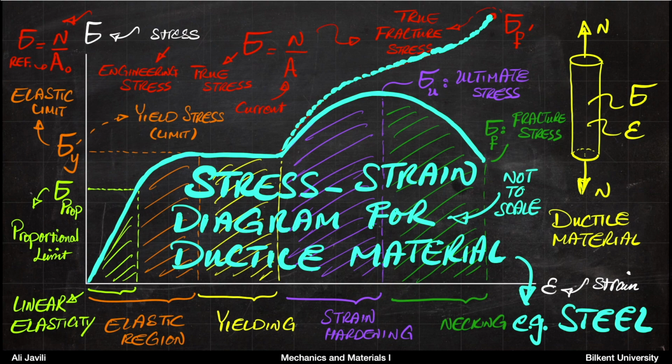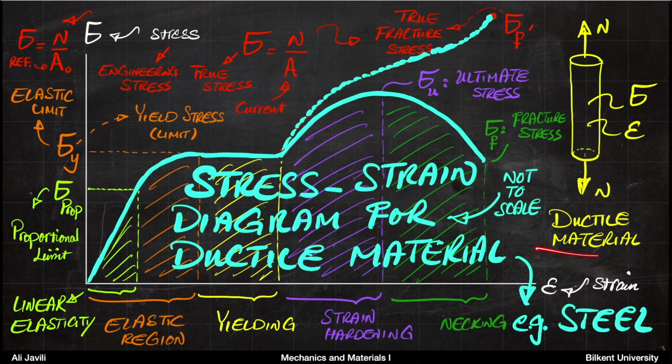Also, the range from here to here is much, much larger than this one. So you may think of something like this. Okay, so this linear region or this elastic region is much, much smaller than what happens afterwards. But I drew it like this to identify these 5 regions specifically.